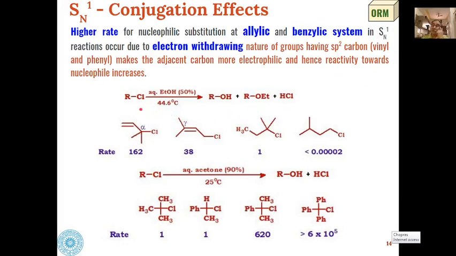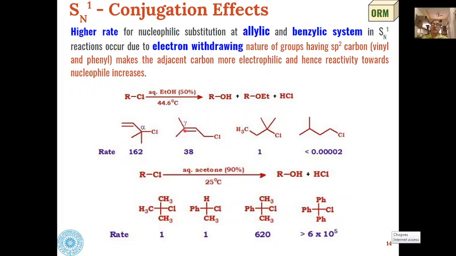For example, if we are having this type of reaction, alkyl chlorides and we react this with aqueous ethyl alcohol, 50% aqueous ethyl alcohol, we will get alcohols, ethers and HCl as the product. And if we study the rate of these reactions, if we are having such type of alpha substituted allyl chlorides, then rate of reaction is 162.